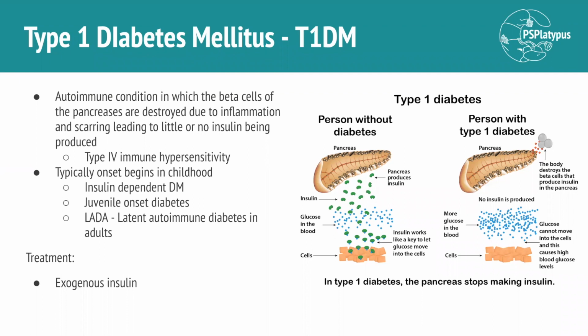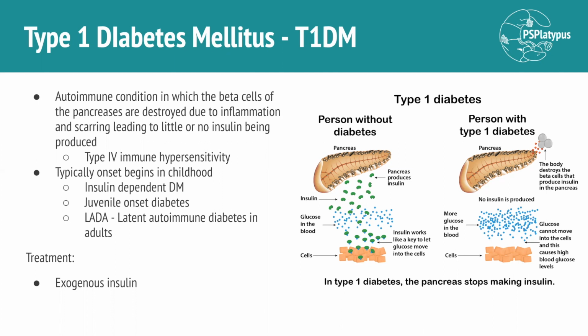Therefore, type 1 diabetes mellitus is a condition in which the beta cells of the pancreas have been destroyed due to inflammation and scarring as a result of a type 4 immune hypersensitivity. Type 1 diabetes usually has an onset in childhood and that is why it's often called juvenile onset diabetes or insulin-dependent diabetes mellitus.